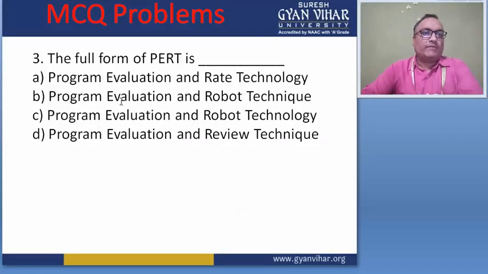This is the MCQ problem. The full form of PERT is: program evaluation and rate technology, program evaluation and robot technique, program evaluation and robot technology, and program evaluation and review technique.